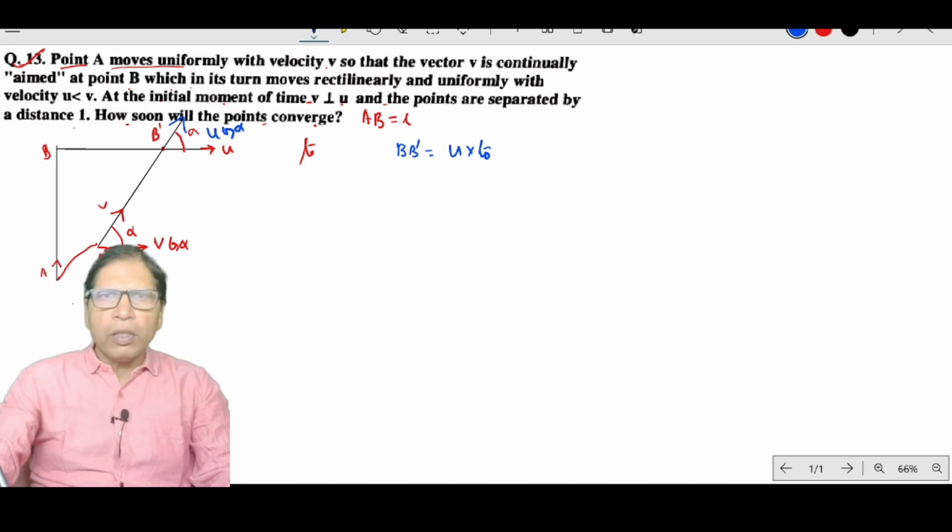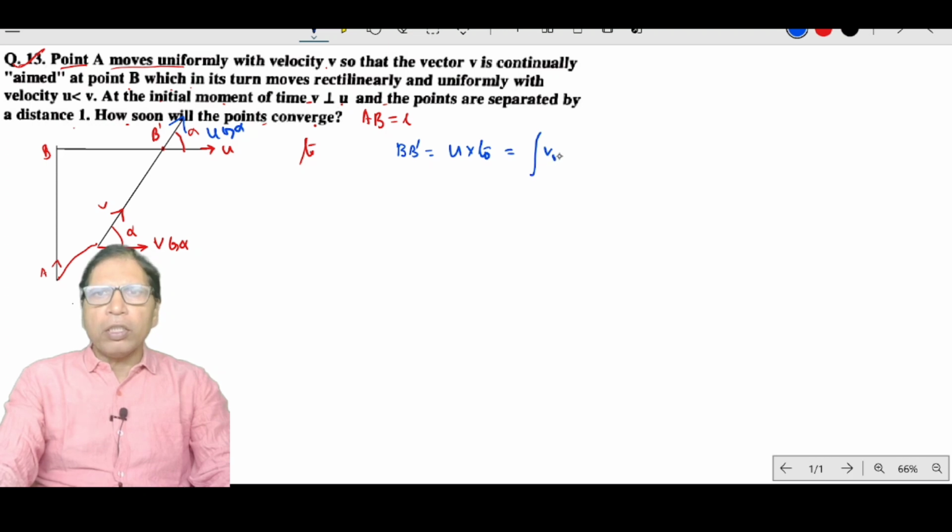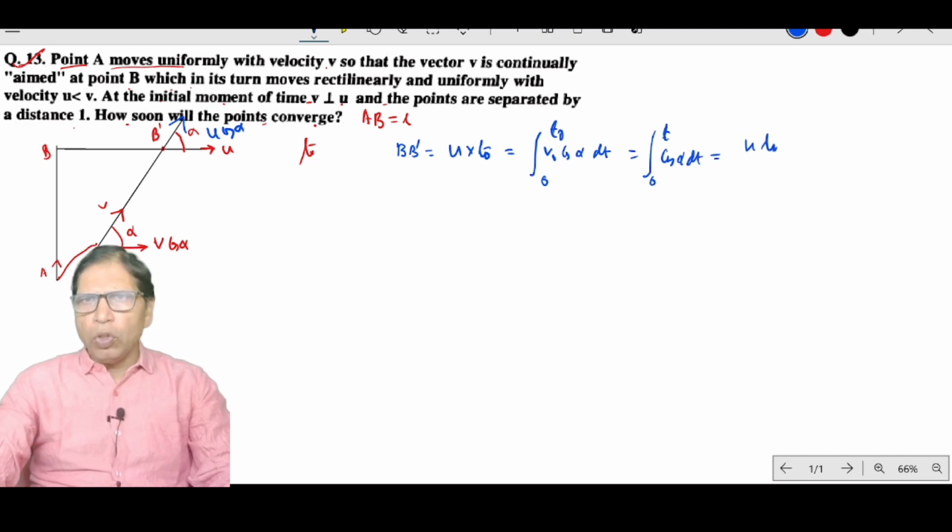This distance is equal to the distance traveled by A in the same time, that is the integral of v cos alpha dt from 0 to t naught. Therefore, the integral of cos alpha dt from 0 to t naught equals u t naught by v. This is equation number 1.